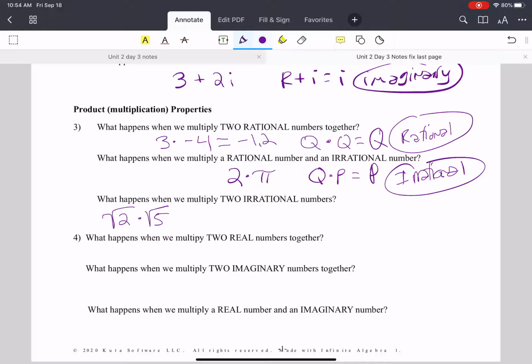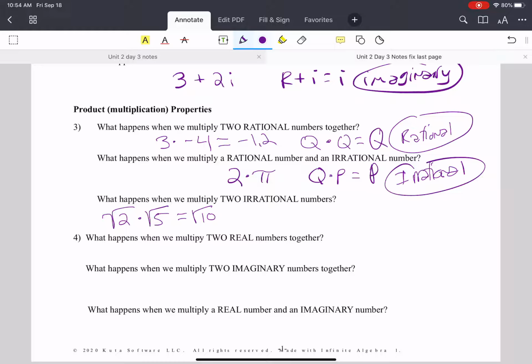I could factor tree, but I'm kind of going backwards, if I wanted to put it under one square root. So this square root of 2 times square root of 5 is the square root of 10. Is that answer rational or irrational? Irrational.